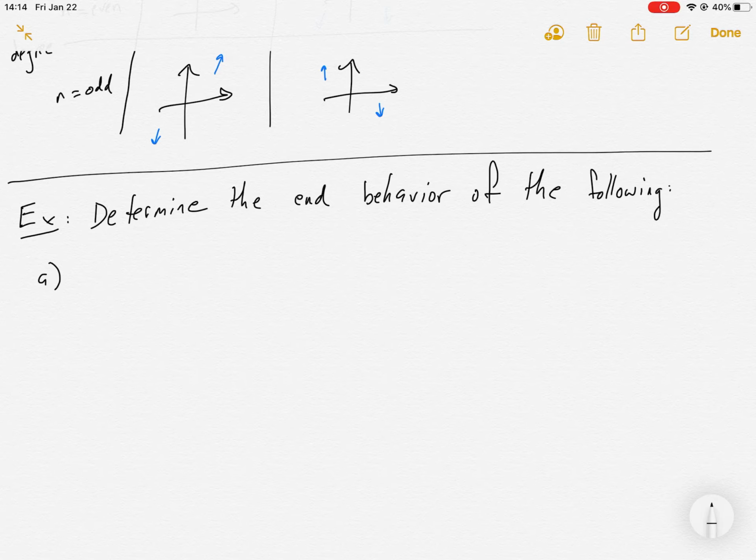So for the first one, let's do p of x equals negative 5x to the power of 7 plus 3x to the power of 5 minus 18x to the fourth plus 3x.